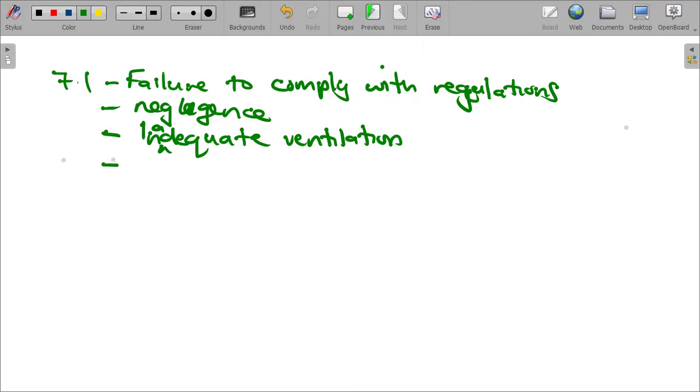Right. It might also be due to the presence of hazardous materials.